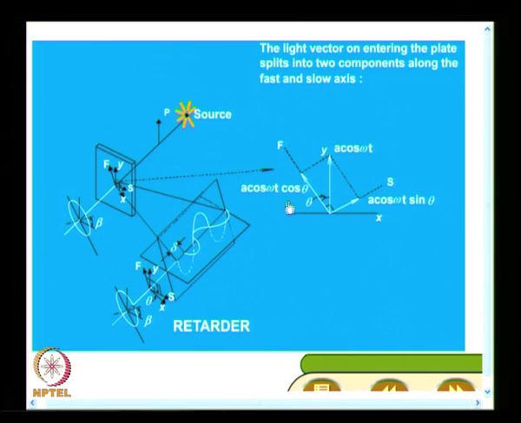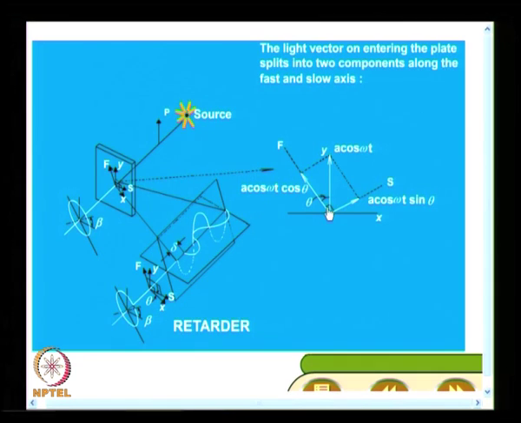So, if I understand these two in matrix notation, it is possible for me to give a mathematical representation of how a retarder can be represented. So, the moment I do this, if I have several optical elements, I just put those matrices in the order in which they are arranged, multiply them, and I will be able to comment on the intensity of light transmitted.